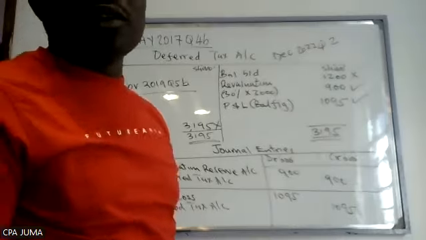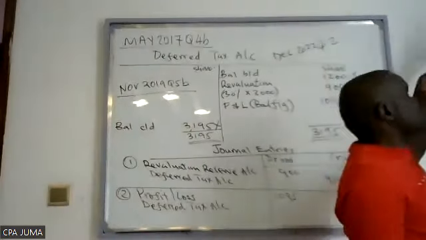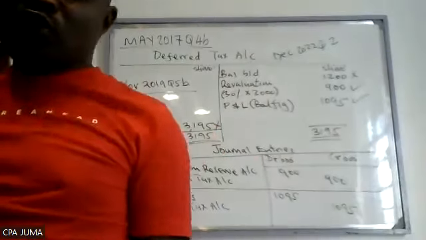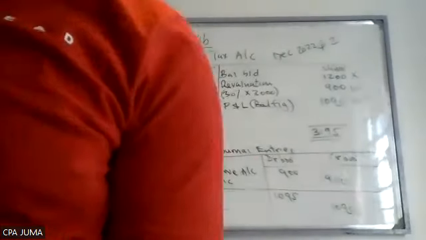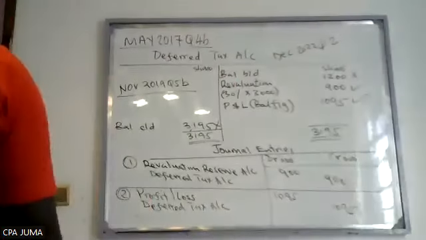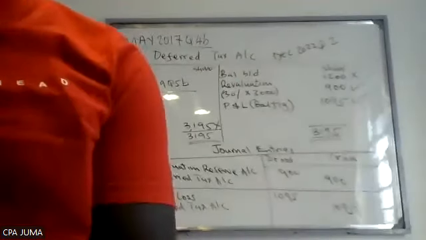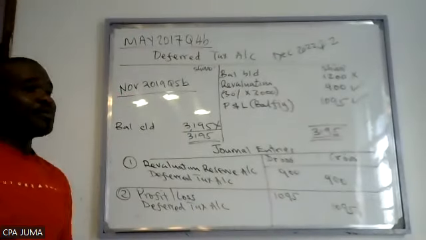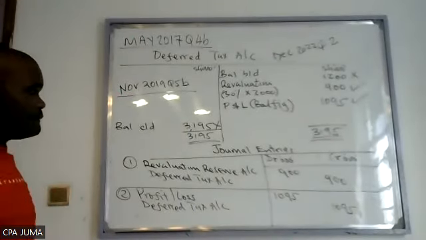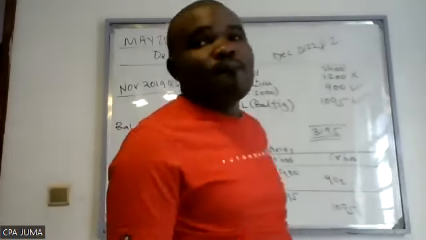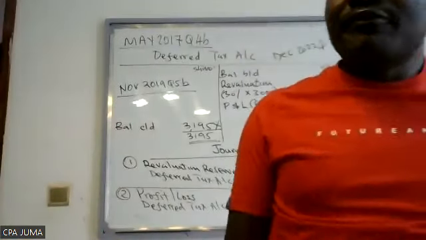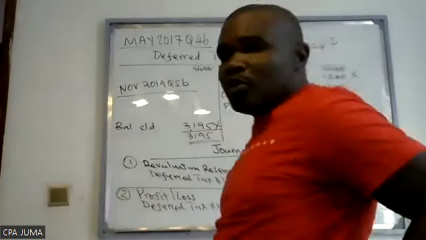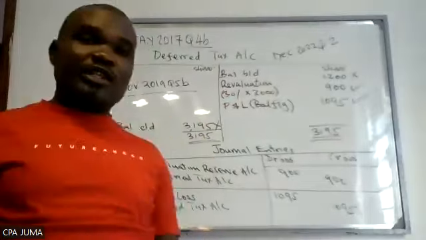When is our next class? Tomorrow. Yes, I agree, tomorrow. From what time? Time is the issue here. So that we finish deferred tax and move on to something else.